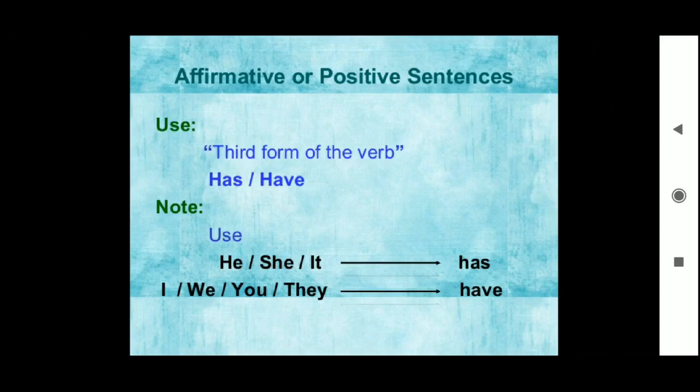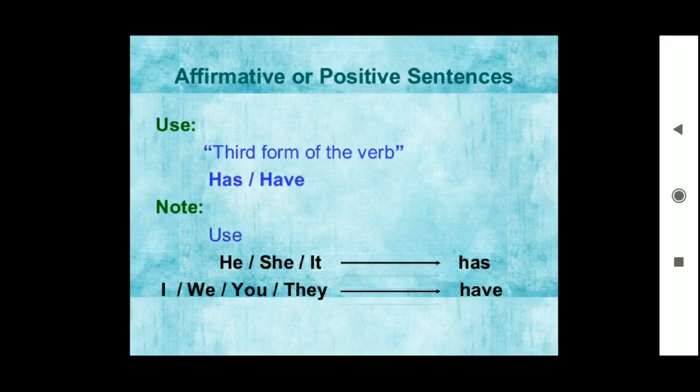In the same way, present perfect tense also has 4 forms: affirmative or positive, negative, interrogative, and interrogative negative.